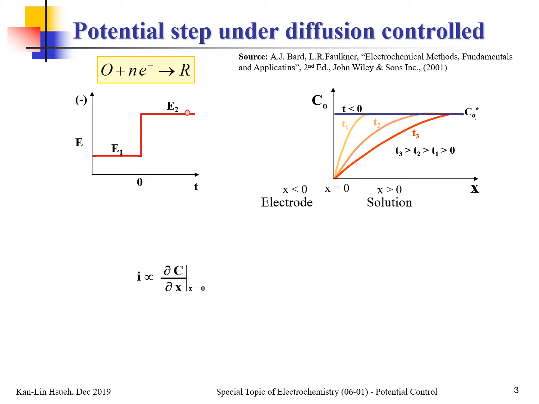The current we detect at the electrode surface is supposed to equal the diffusion of the species to the electrode surface. So the current I is proportional to the concentration gradient at the electrode surface.